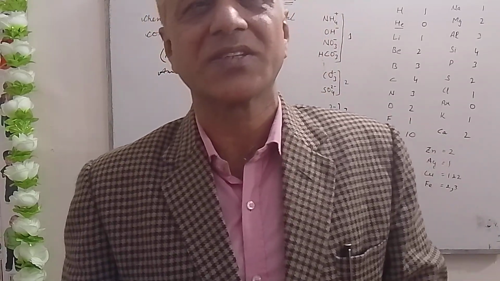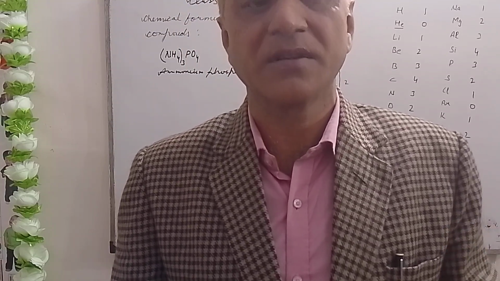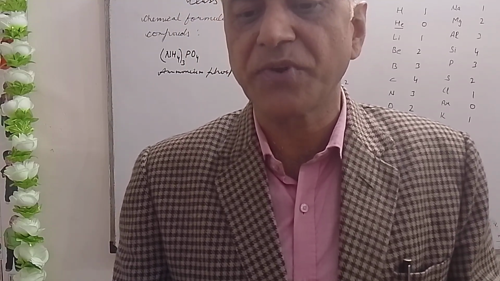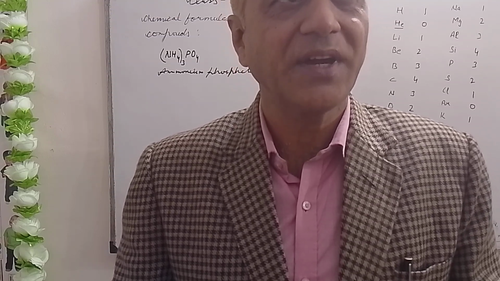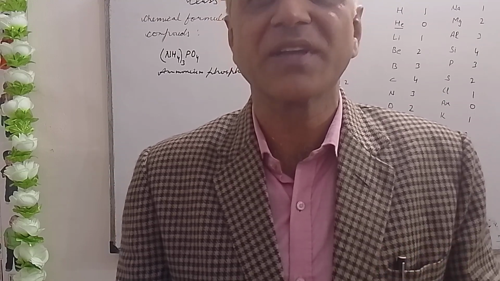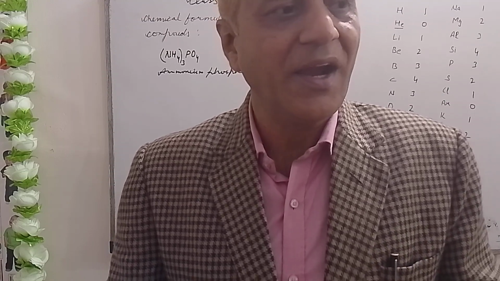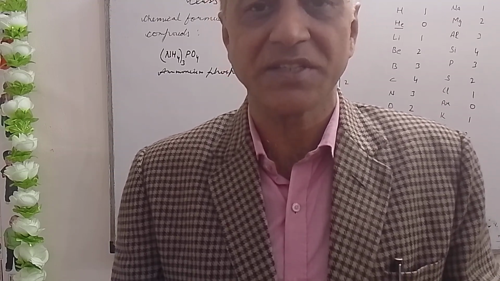So my dear students, in the previous video we were studying how to write chemical formulas of chemical compounds. We had learned to write chemical formulas of simple chemical compounds, and today we are continuing that series.